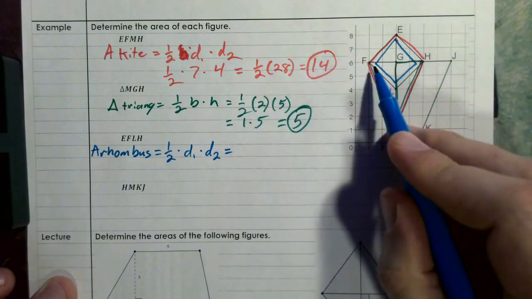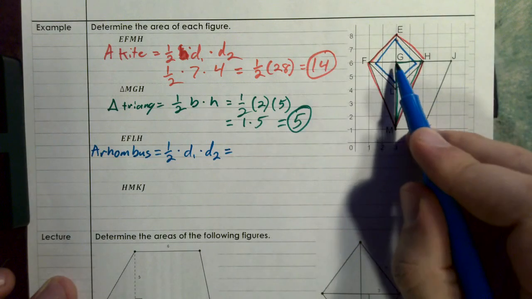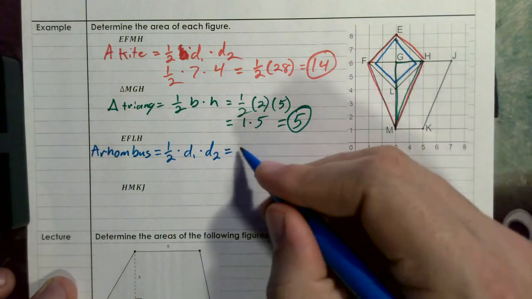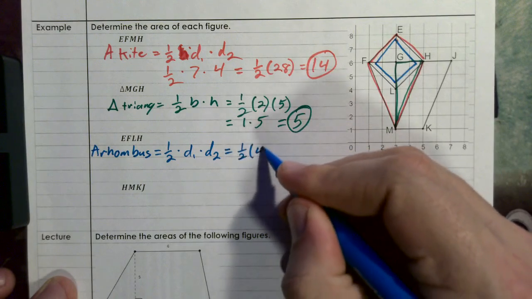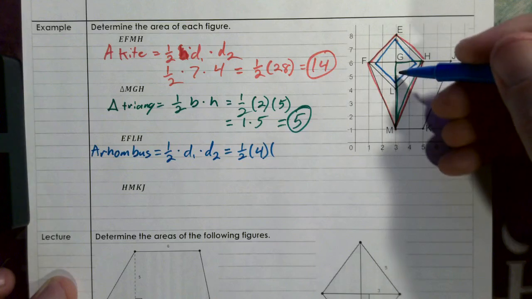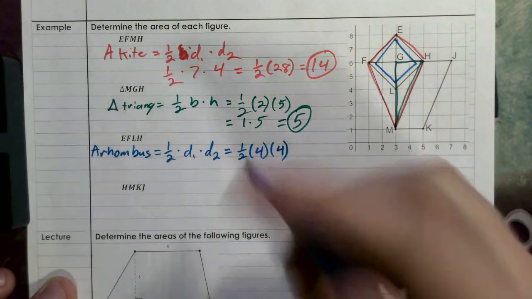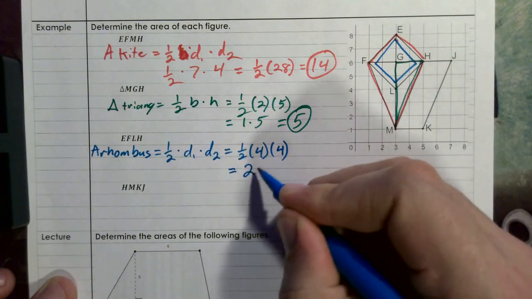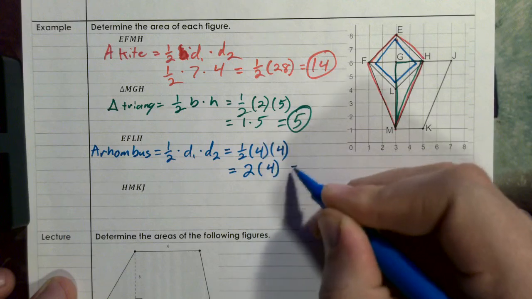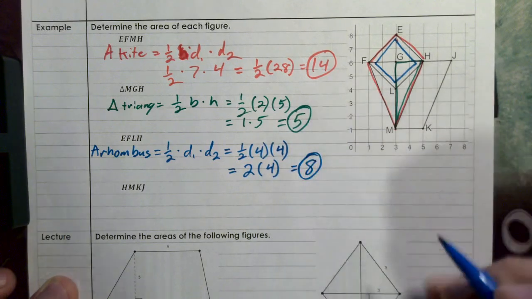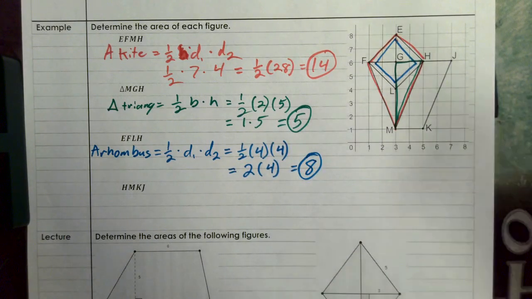My first diagonal is 4, so that's half of 4 times 4. Half of 4 is 2 times 4, which is 8. So that rhombus's area is 8.